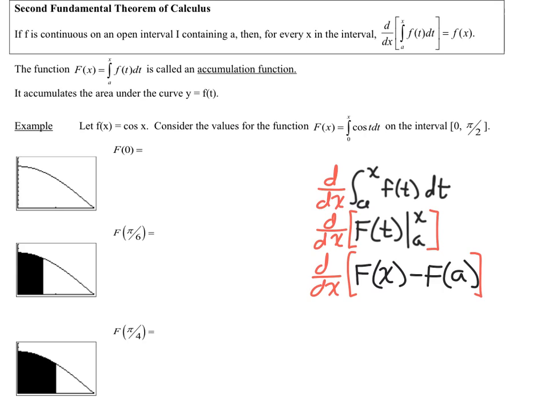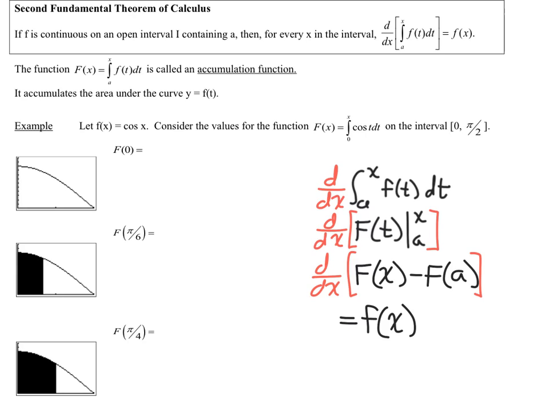So what would be the derivative of capital F of x? Lowercase f of x. And what would be the derivative with respect to x of capital F of a? 0. It's a constant.